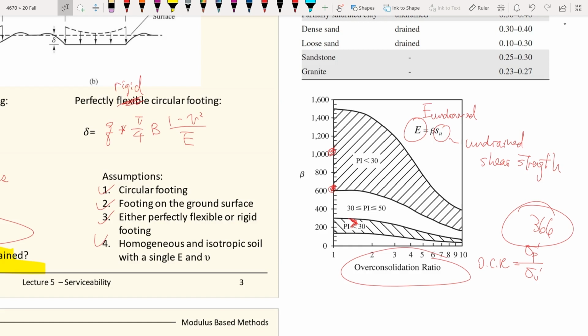Pretty much the modulus value depends on the stress state of the soil, which means the deeper you go, this value will change with the depth. So if you just try to come up with one value to represent the whole layer, that is not enough. You come up with a huge uncertainty that is represented by this graph.